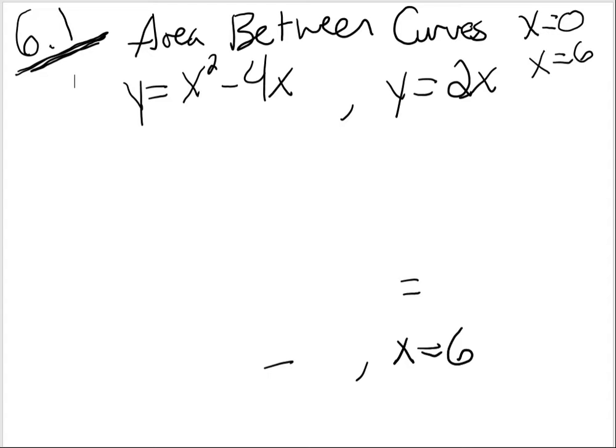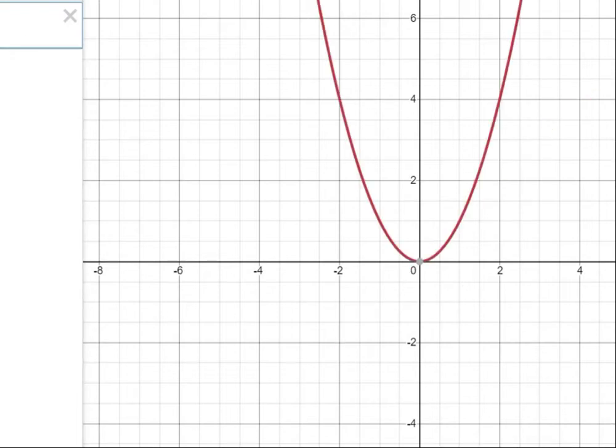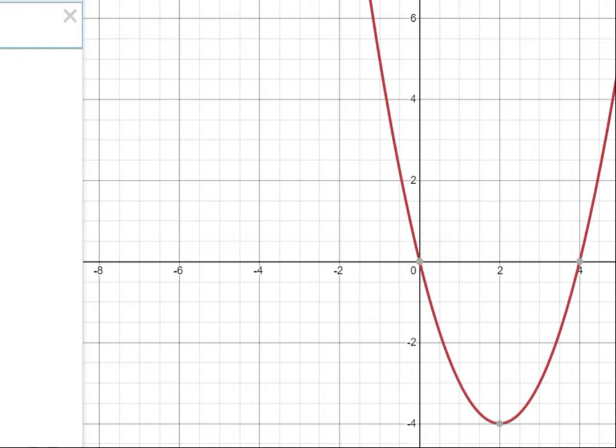But now you have to think, okay, which function's on top and which function's on the bottom? So we're going to use Desmos to visualize this. Okay, so here's my Desmos pulled up. So let me put in what my functions are. You have x squared minus 4x, and then y is equal to 2x.